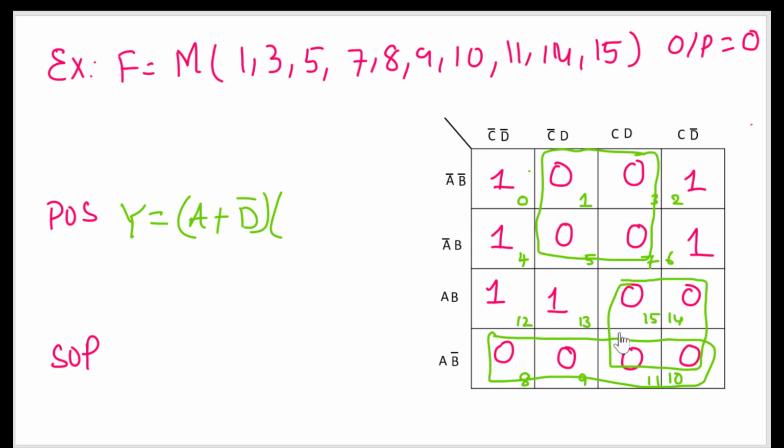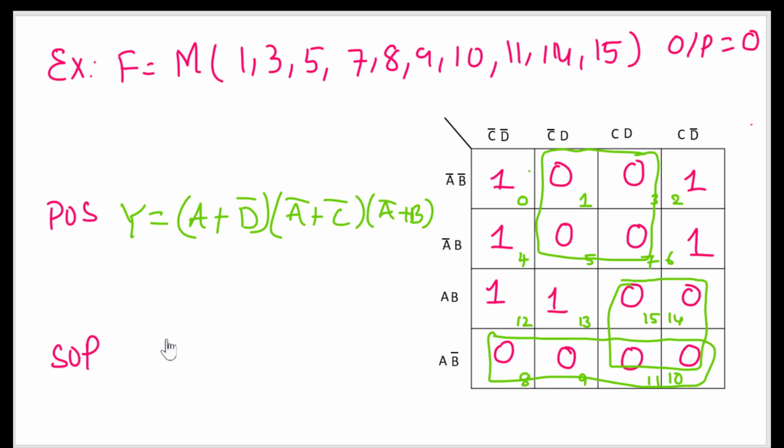Let's take the second one, this will give you A bar plus C bar, and if you take this one, you are going to have A bar plus B. This is the POS form.